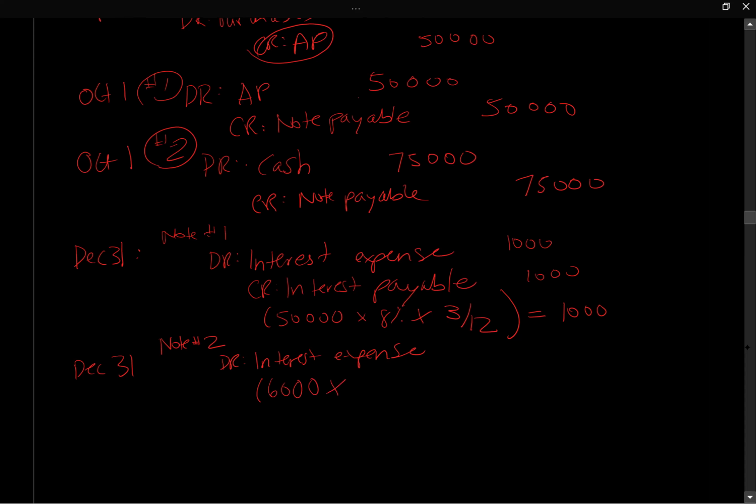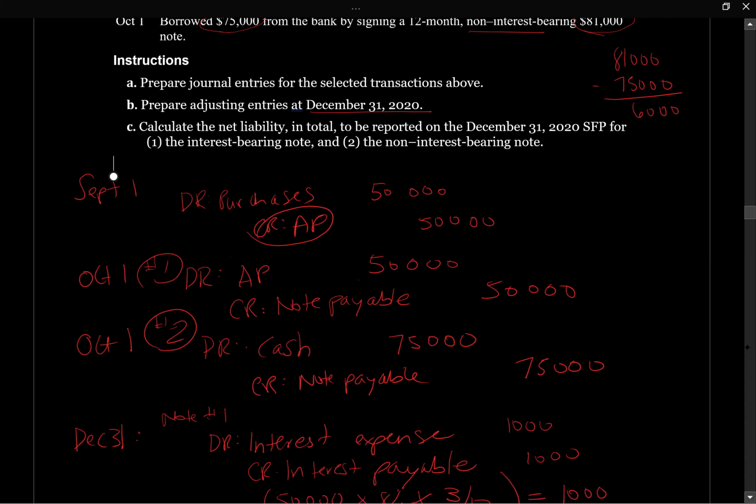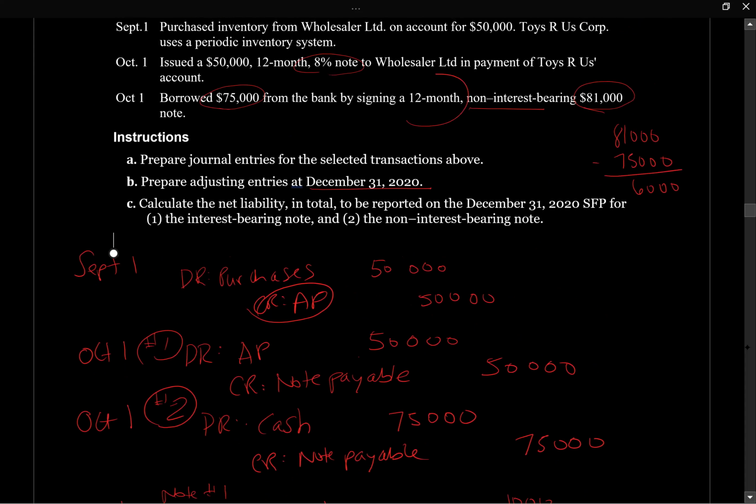It's a 12-month note. So we're going to say 6,000 times 3 months out of 12. This number isn't always 12 because we're not dealing with an annual interest rate. The reason that denominator is 12 is because this is a 12-month note payable.